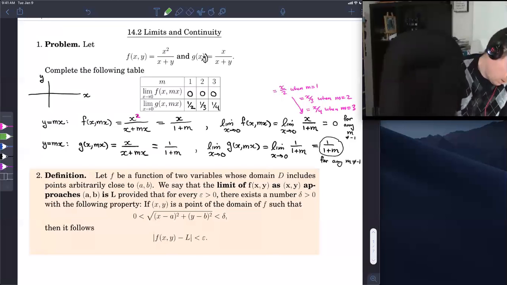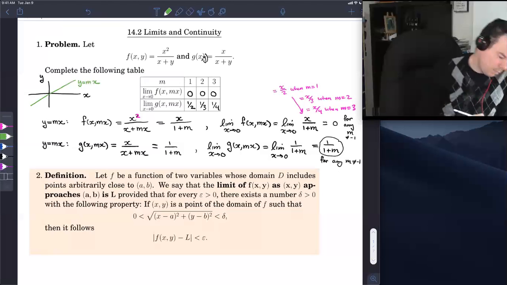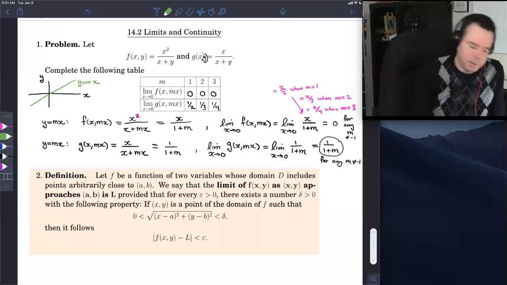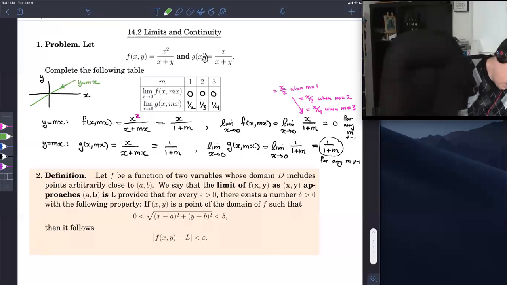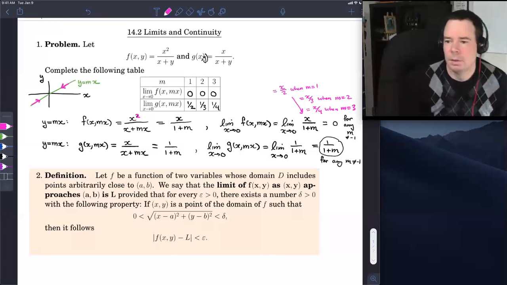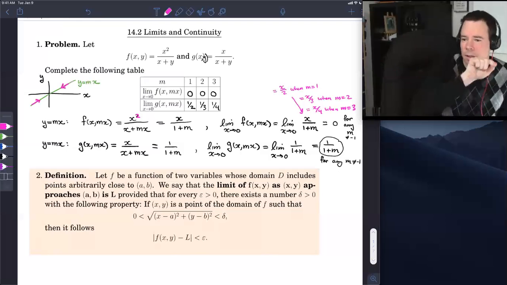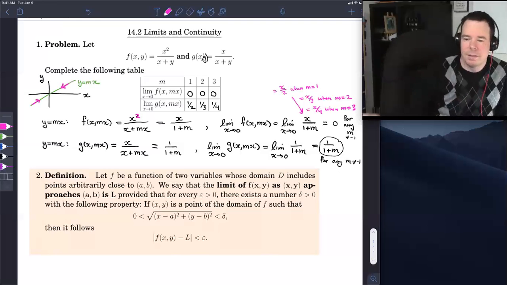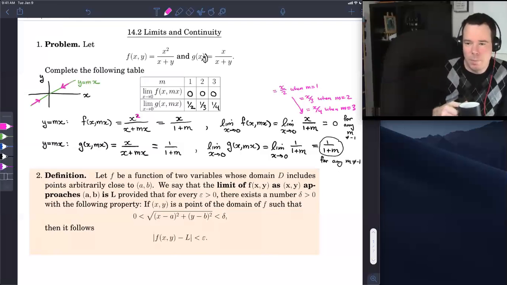Well, what I'm doing is taking a line, y equals mx, and I'm watching what happens as I go along that line to the origin. As I travel along that line to the origin, as x goes to 0, I'm traveling along this line because I've taken y equal to m times x.